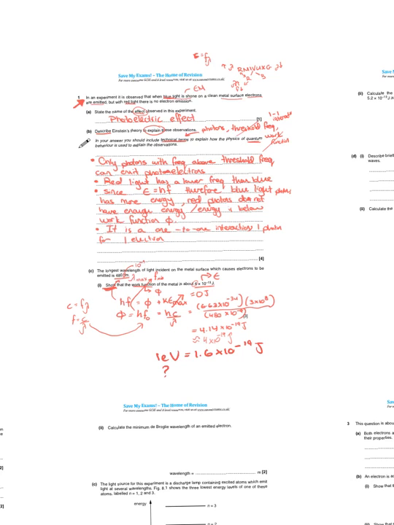So how many electron volts would 4 times 10 to the minus 19 joules be? So you just simply divide the number of joules you have by what 1 electron volt is in joules. So it will be 4 times 10 to the minus 19 divided by 1.6 times 10 to the minus 19 to give you that.